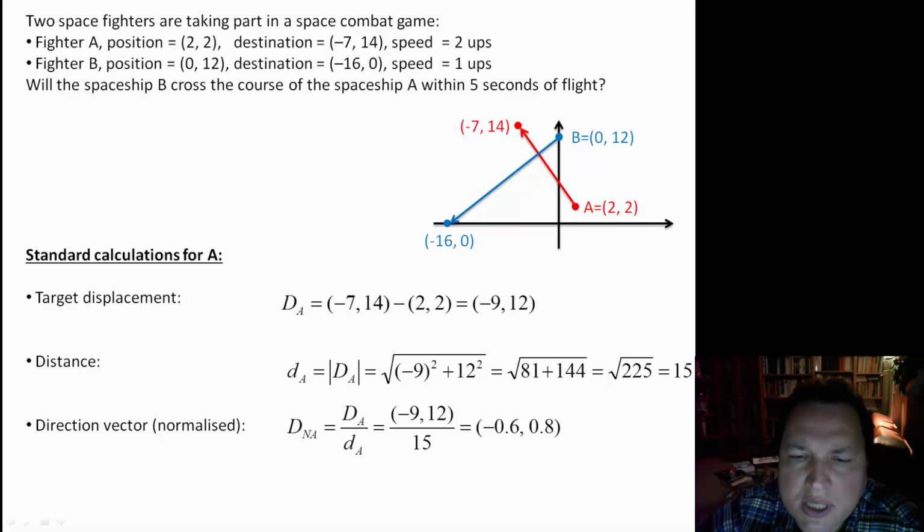Such a vector can be calculated as the displacement vector divided by its length, or the distance to the target, so (-9, 12) divided by 15, and the result is shown here.